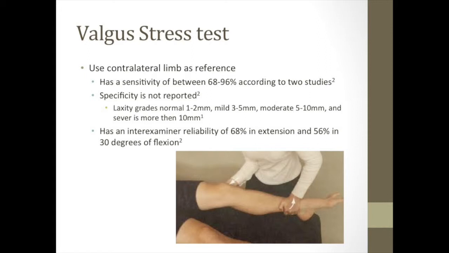Laxity grades: normal is 1 to 2 millimeters, mild 3 to 5 millimeters, moderate 5 to 10 millimeters, and severe is more than 10 millimeters of laxity. It has an inter-examiner reliability of 68% in extension and 56% in 30 degrees of flexion.